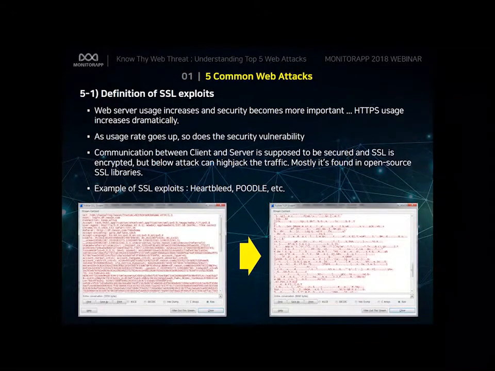As the use of web services has greatly increased over the past decade, the importance of security has also increased accordingly. HTTPS is one of the first protection methods. HTTPS uses SSL encrypted communication with HTTP, which is an existing web service protocol, so only the server and user can check the contents.